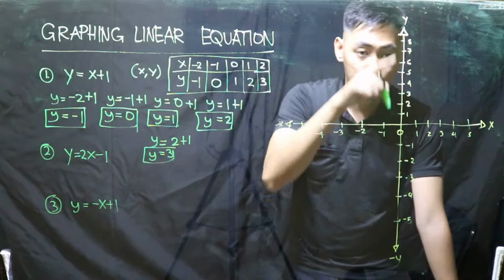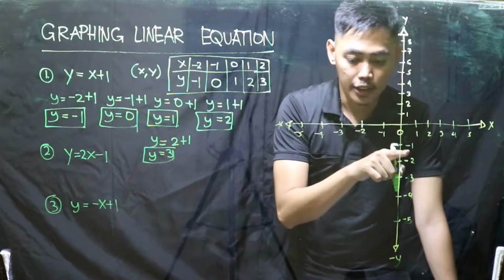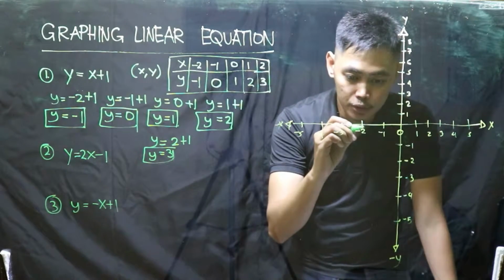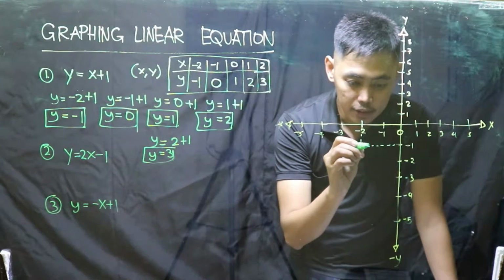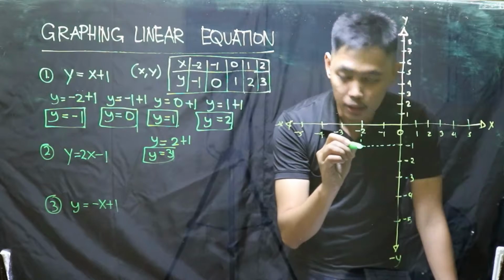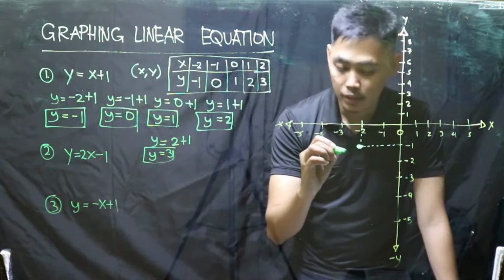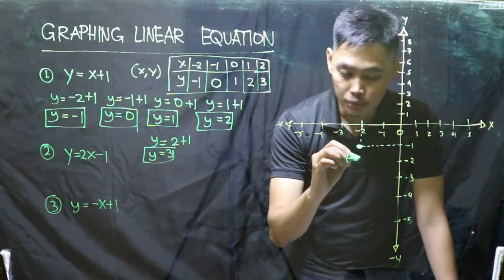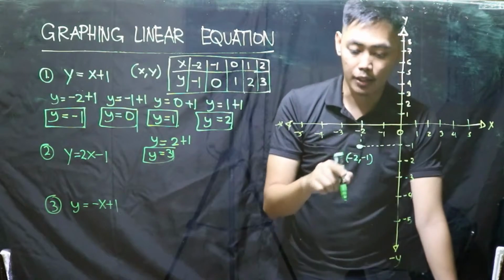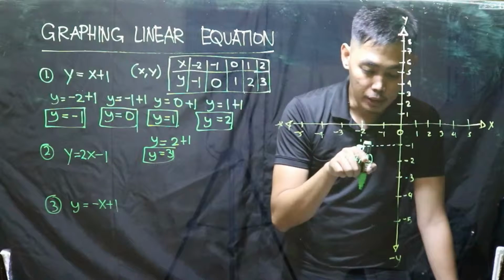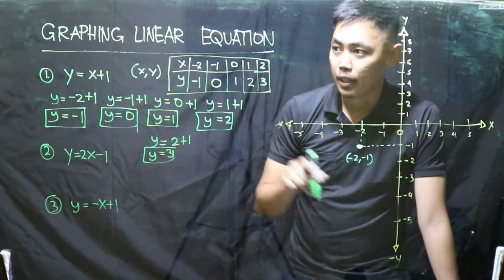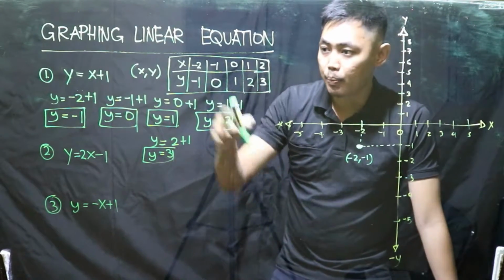So where is negative 1 here? Here is our negative 1. So we will just need to find the point in which they intersect. And this is what we call the point negative 2, negative 1. X is negative 2, y is negative 1.